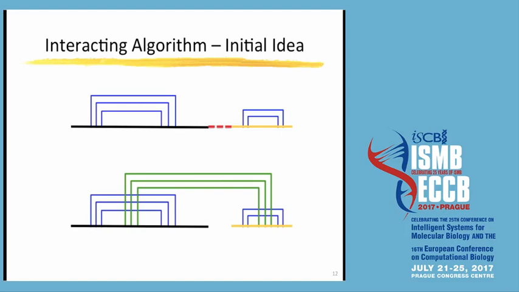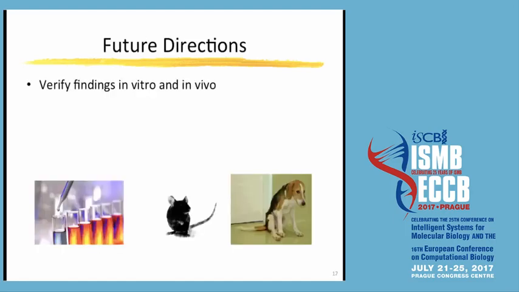Future direction of our work is that we are testing the efficacy of oligos predicted by our algorithm in vitro and in vivo. We have access to both mouse model and dog model of Duchenne Muscular Dystrophy, and we are hoping that this will be one of the main works for other genetic diseases that can benefit from exon skipping.